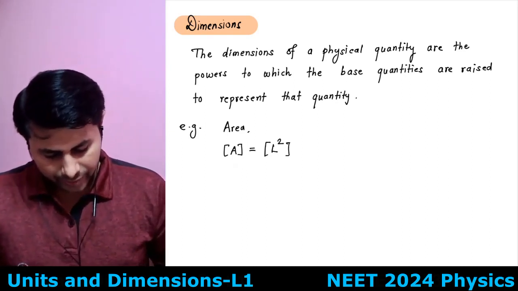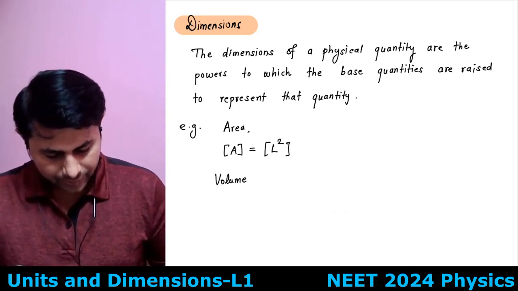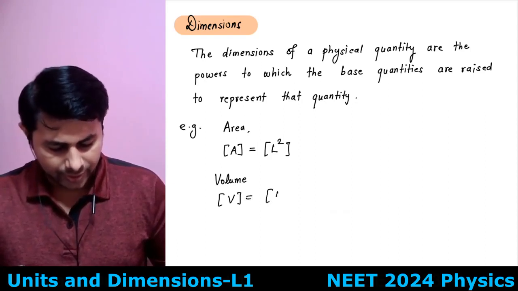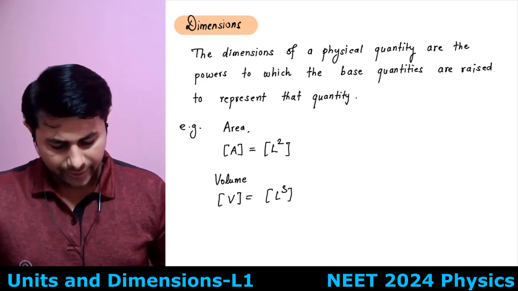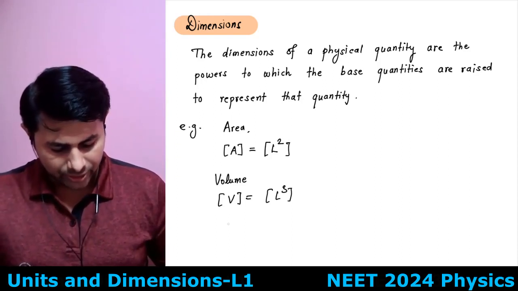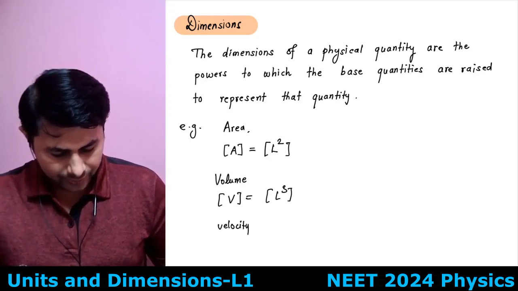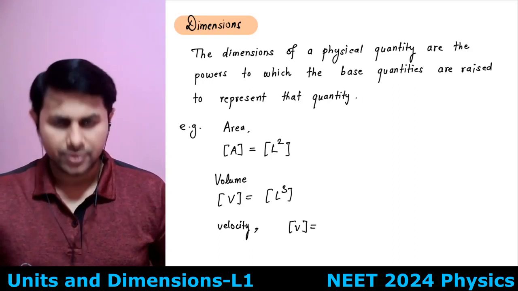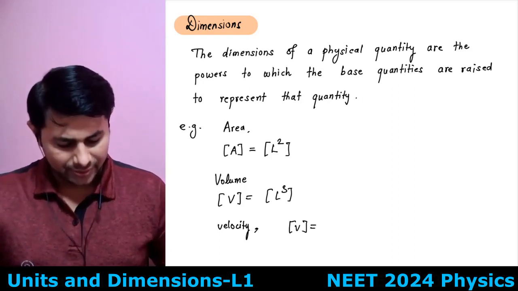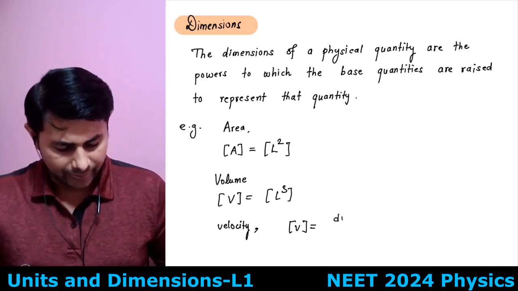What are the dimensions of volume? L cube. It is length to the power 3. Then I want to find out the dimensions of velocity. What are the dimensions? L t power minus 1. Yes, it is displacement upon time.